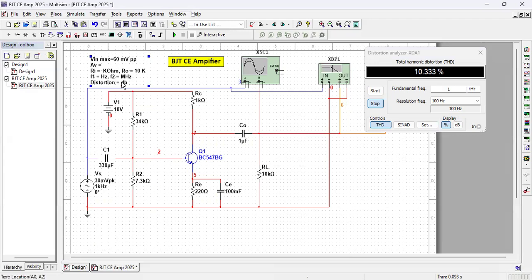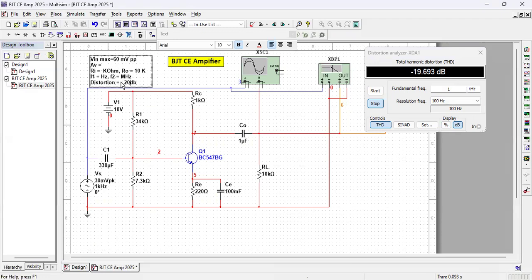Distortion is 10%, and if you tell it in dB, it is around minus 20 dB, because distortion normally we measure and talk in 20 log. So distortion is minus 20 dB.